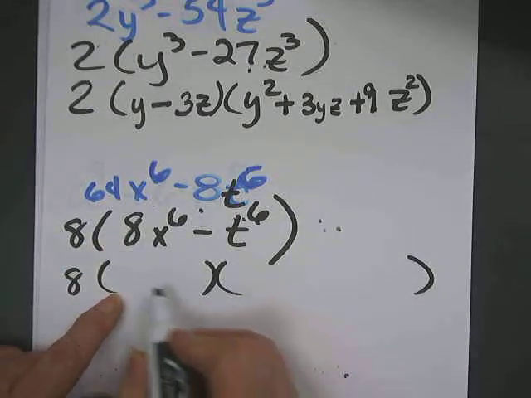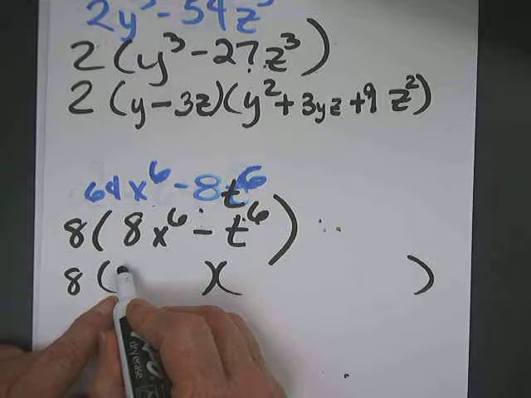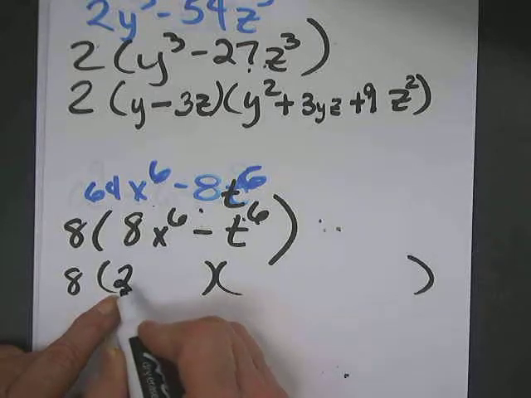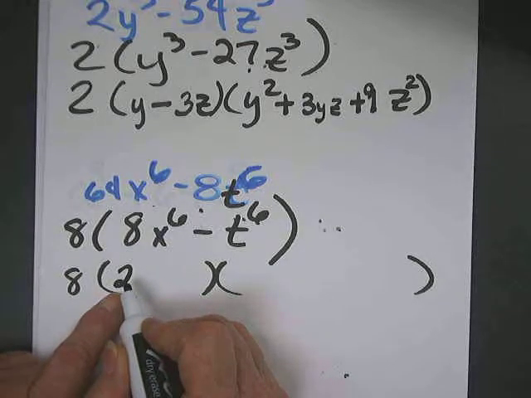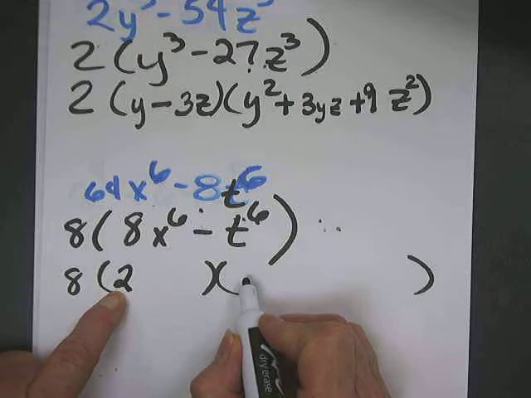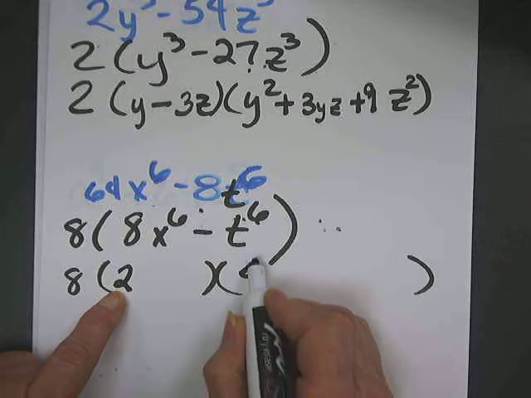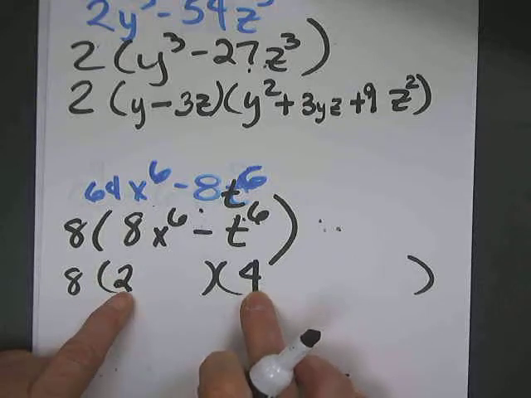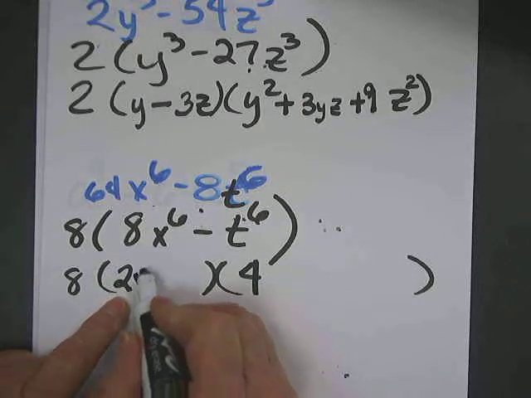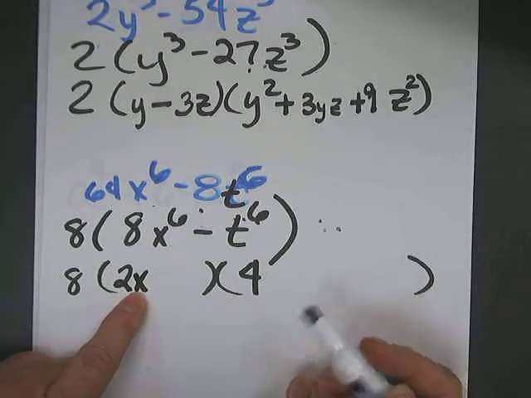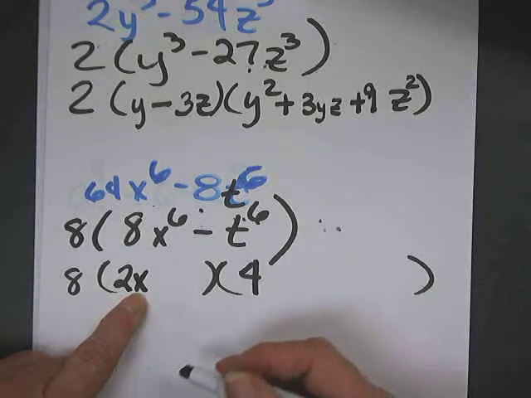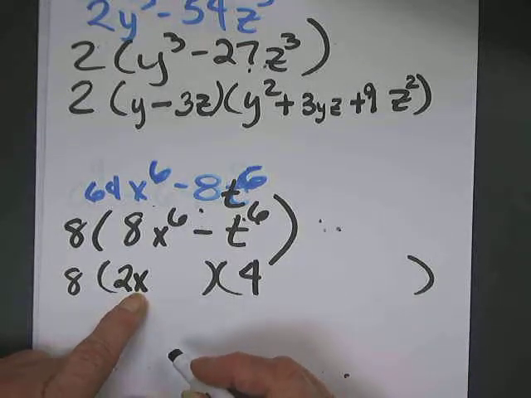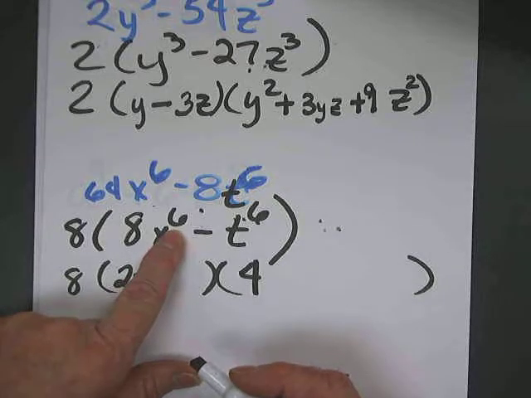Okay. Perfect cubes? Yes, but don't we have a common factor? Would something go into both of those numbers? 8. Yeah, let's factor the 8 out. We'll have 8 times x to the 6th minus t to the 6th. That's a t, sorry about that.